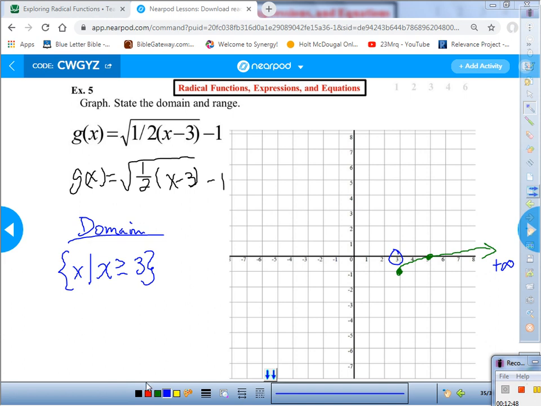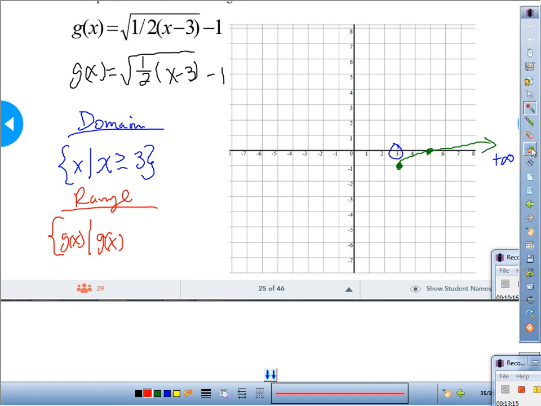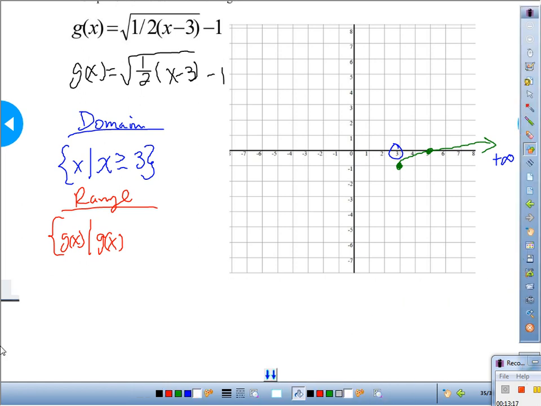Now the range. Solution set of g(x) such that g(x), let's see, I'm going to go from the bottom to the top. If I start highlighting from the bottom, tell me the first y value that I encounter.